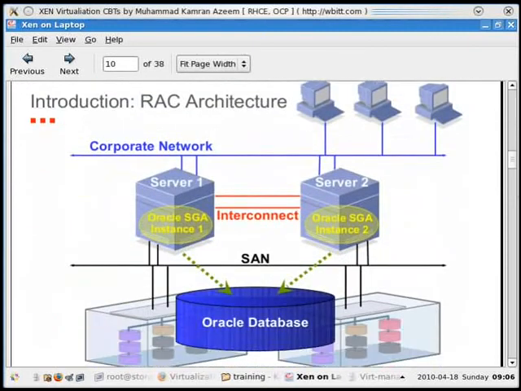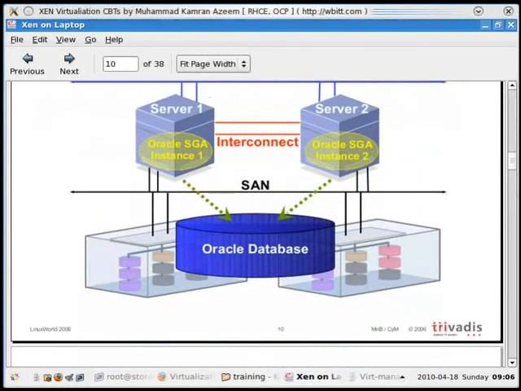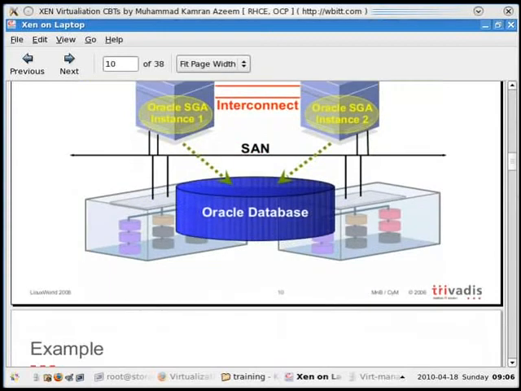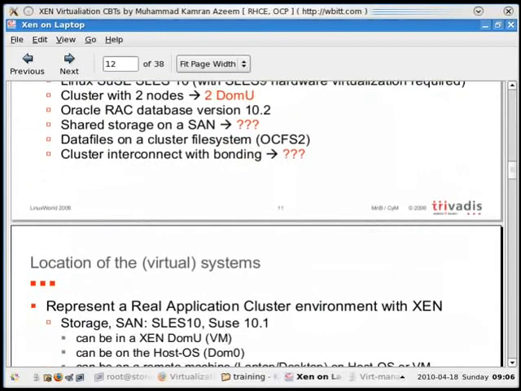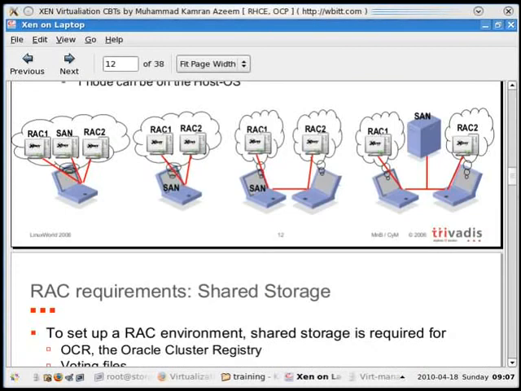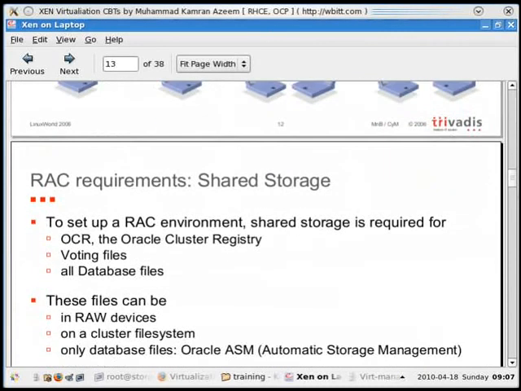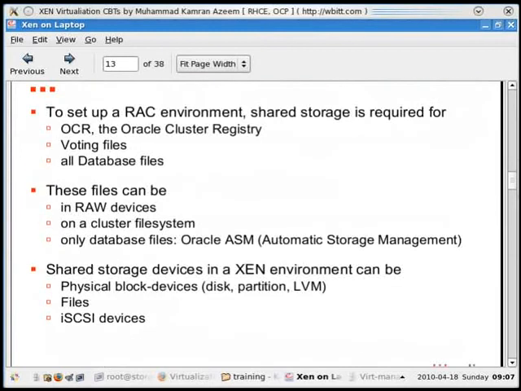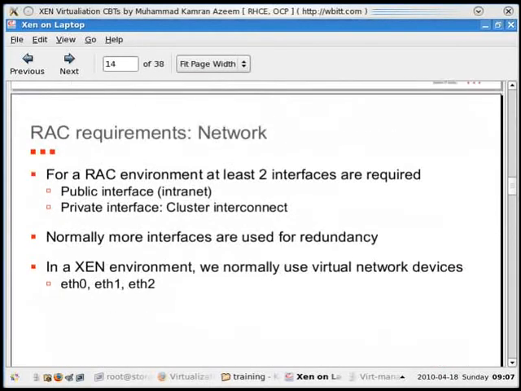Okay, here he's creating a sample scenario: Oracle RAC node 1, node 2, and shared storage, and how he would go about doing everything, how he would create this real application cluster, how he would create iSCSI devices.